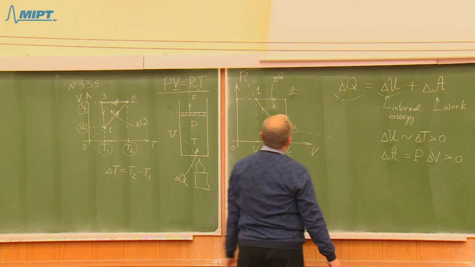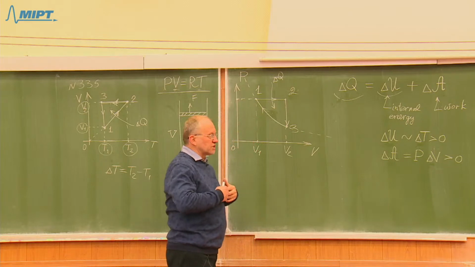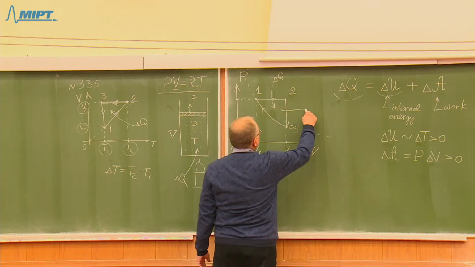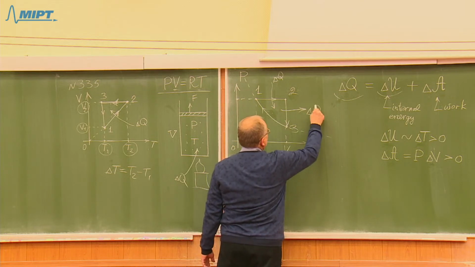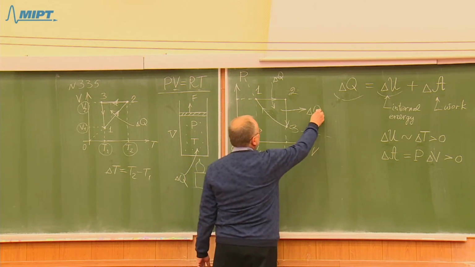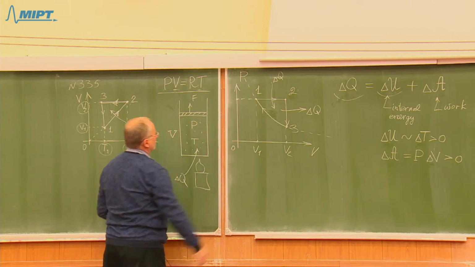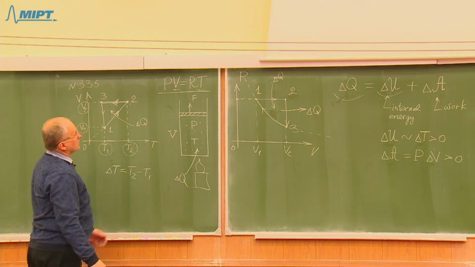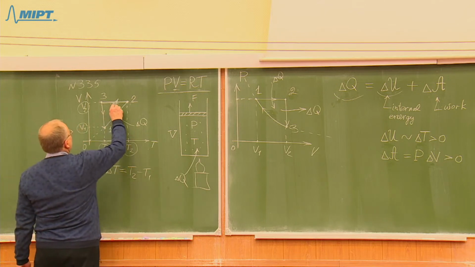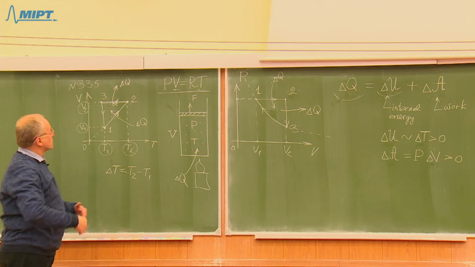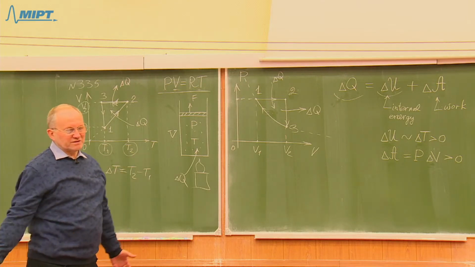Therefore, delta Q will be negative. It means that the gas should release some energy during this process. The heat energy will go from this gas to external bodies during process 2-3, and we show it here.